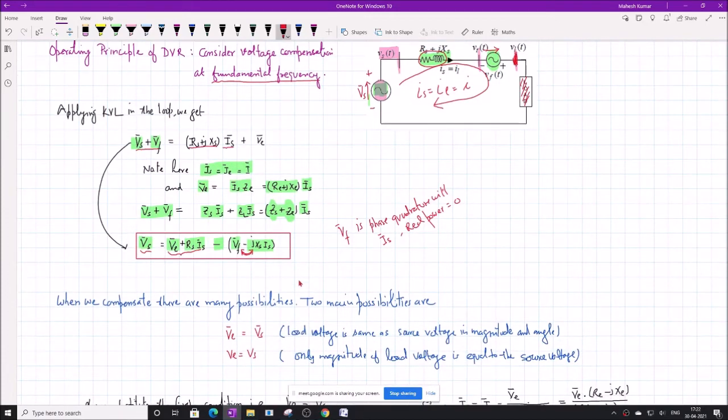Now, there are two conditions that you would like to achieve. These are the conditions for voltage regulation.